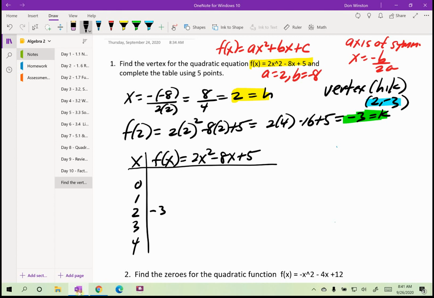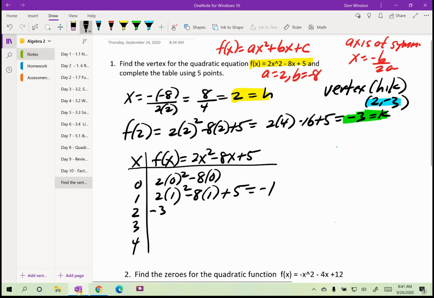So when x is 1, I'll get 2 times 1 squared minus 8 times 1 plus 5. So 1 squared is 1, and 2 times 1 is 2, and 2 minus 8 is negative 6, and negative 6 plus 5 gives me negative 1. And when x is 0, I get 2 times 0 squared minus 8 times 0 plus 5.